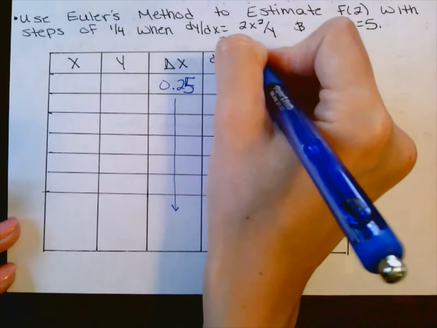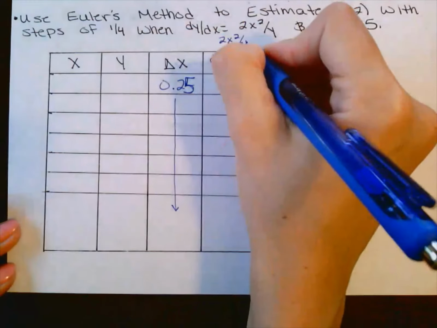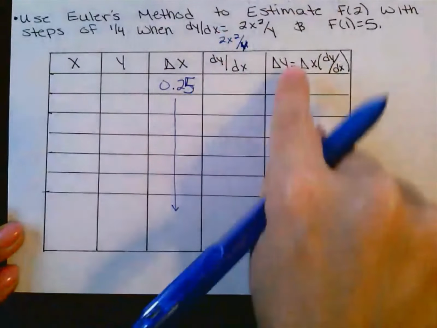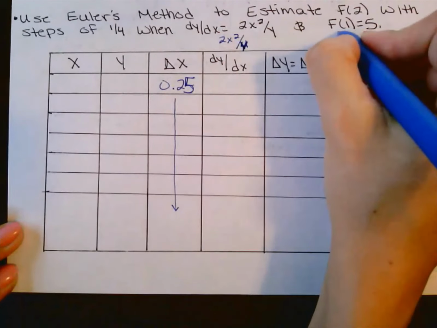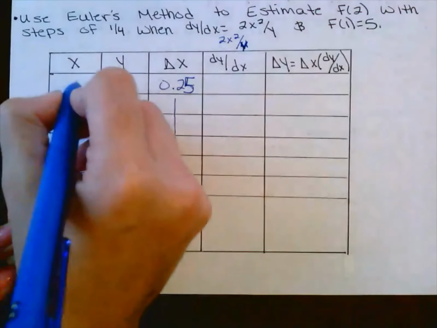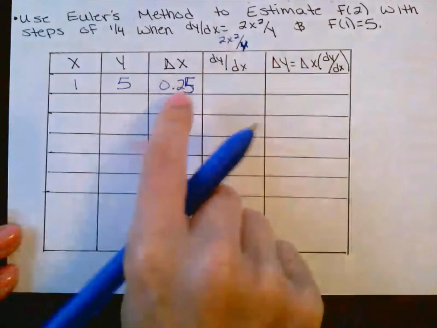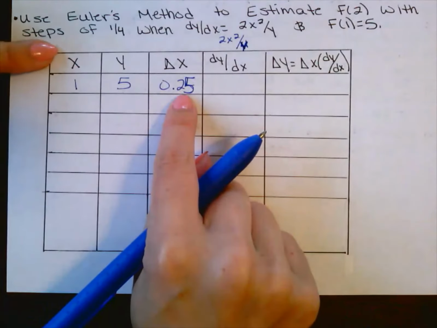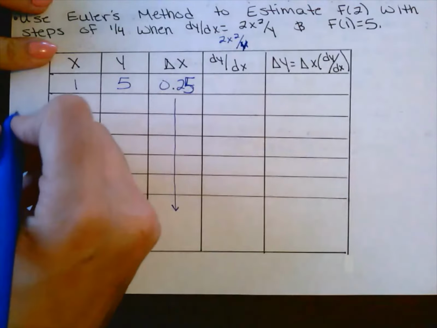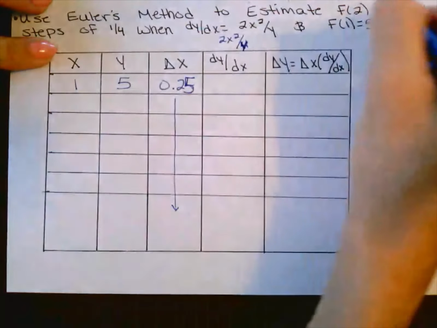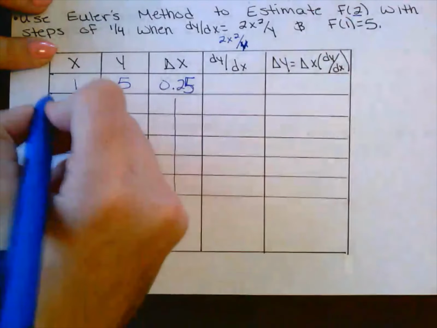Sorry, guys, my handwriting's a little off today. So 2x squared over y is what I'm going to be plugging in to get these. And then if we start off at f of 1 is 5, so that means my x is 1 and my y is 5. So if my x is constantly changing by 0.25, I want to get up to the number 2.